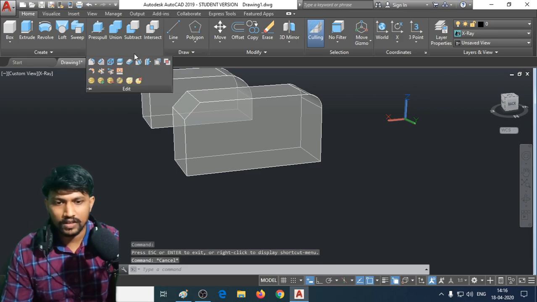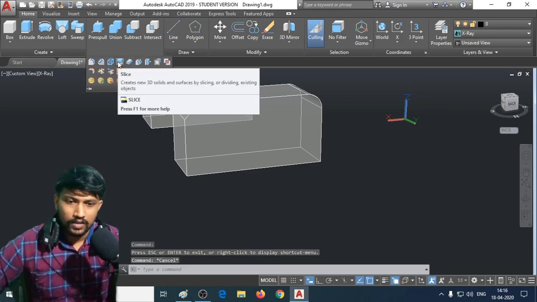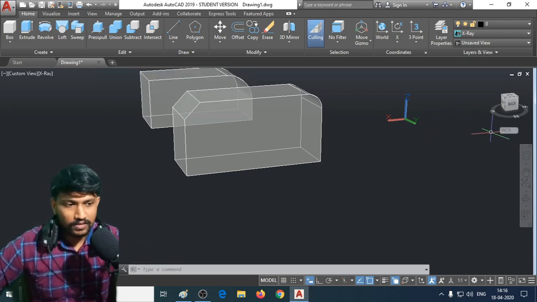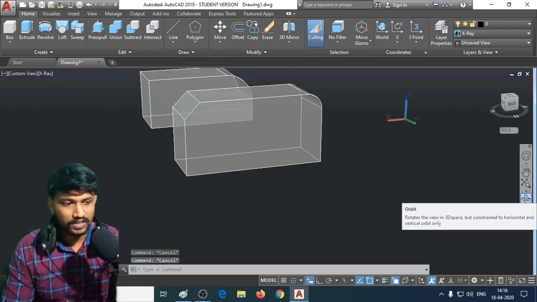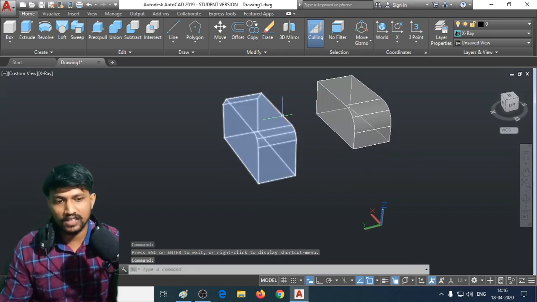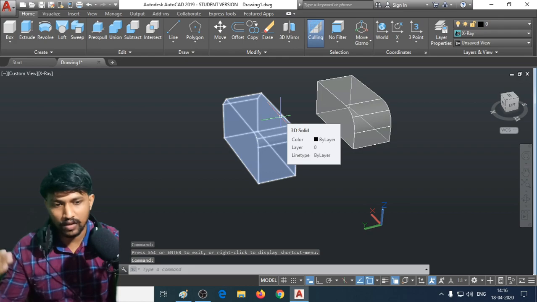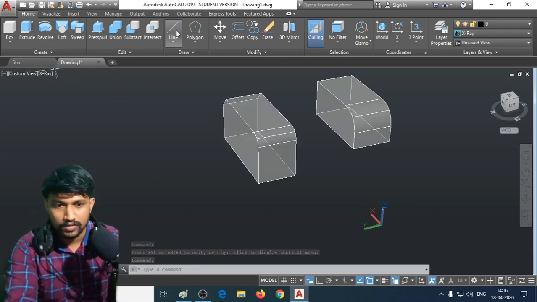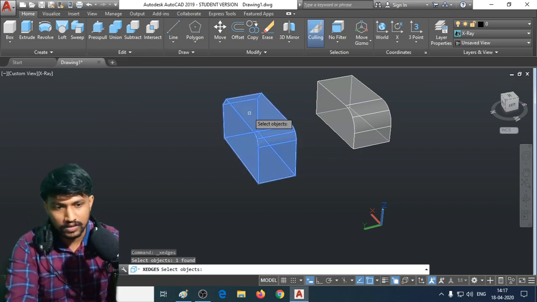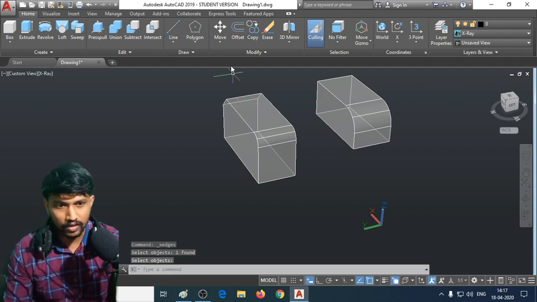After that, you have this extract edges command. Extract edges is nothing but it is going to extract the edges that actually belong to this object. You can use that option, and I'll explain it with the application, but for right now, just see what it actually creates.